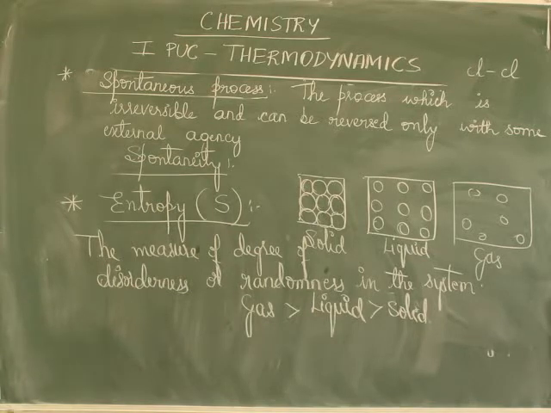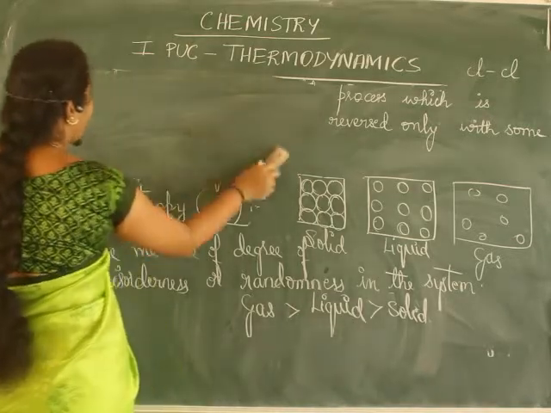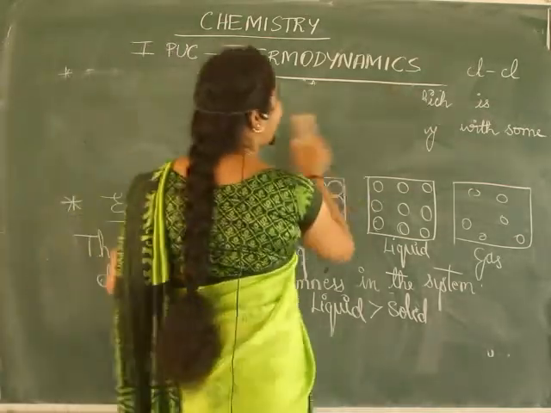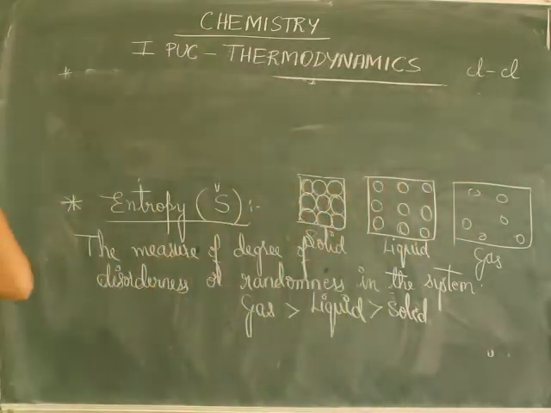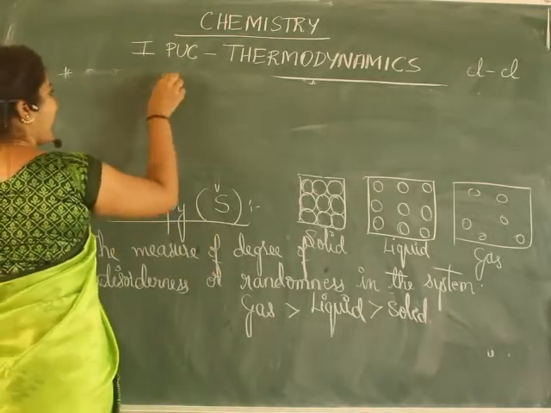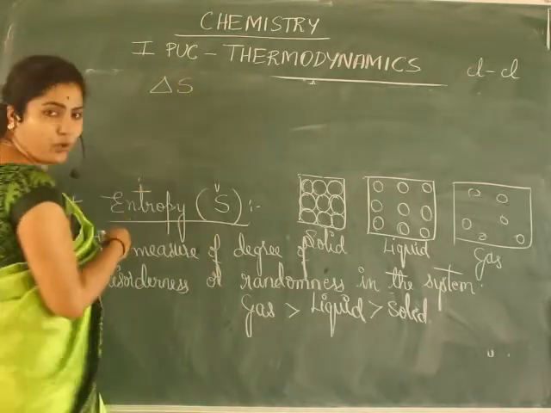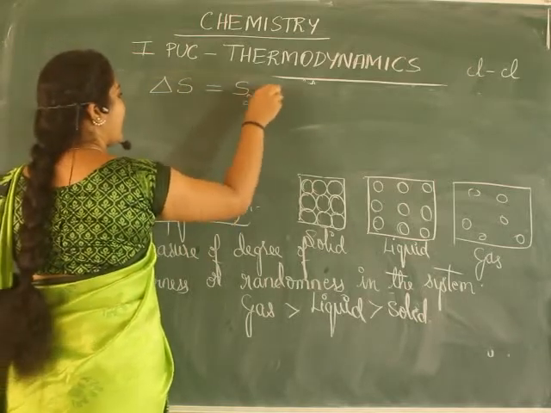Now there are some important expressions for entropy. Entropy is called a state function. You know why it is called a state function? Because the measure of entropy depends on the initial and final state. This means change in entropy, delta S, is given as S2 minus S1.